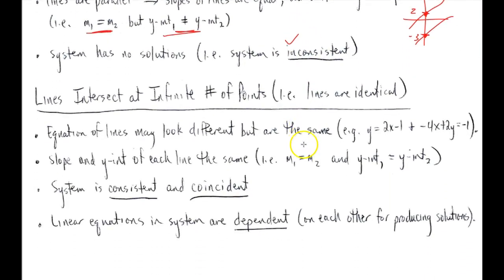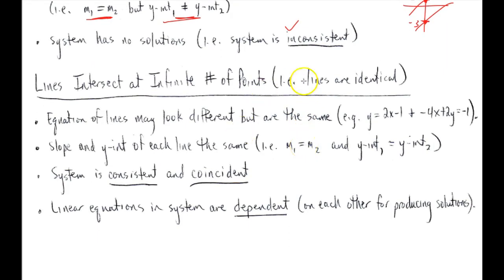Now, for figure C, this case will basically be the case where we have lines that are identical. And so we know that when the lines are identical, they have to have the same slope as well as the same y-intercepts.